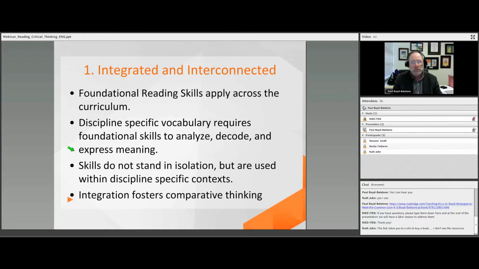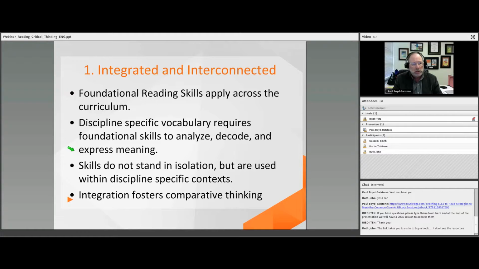Integrated and interconnected. When I'm talking about this, foundational reading skills apply in an interconnected way across the curriculum. And I'll show an example of that, where it's touching on each of our subject areas, where students are engaged in reading, not only in the reading class, but in their history, social science classes, in their science class, in their math class, and maybe they're reading the same types of levels of text and making that happen.